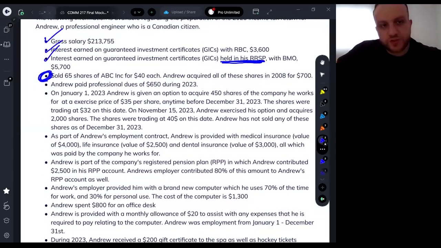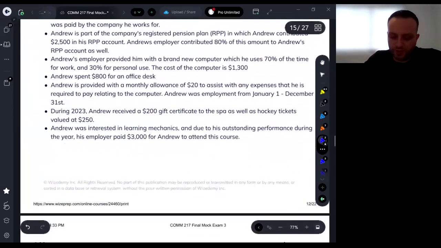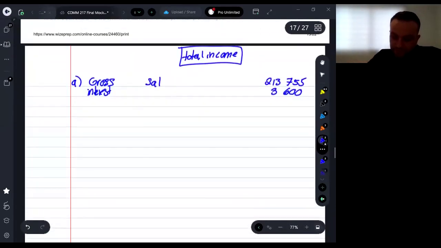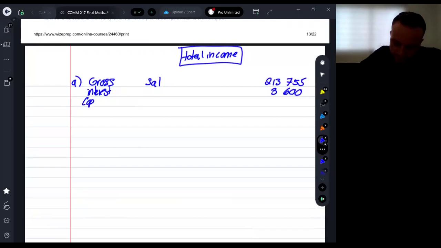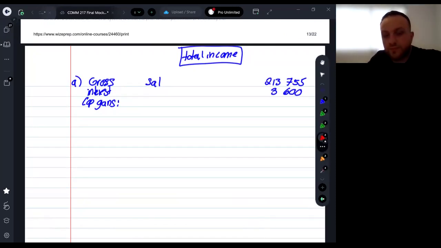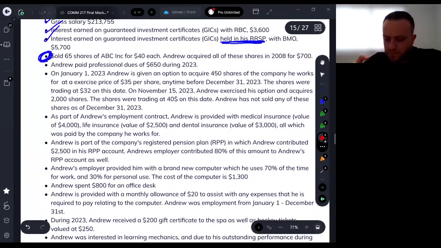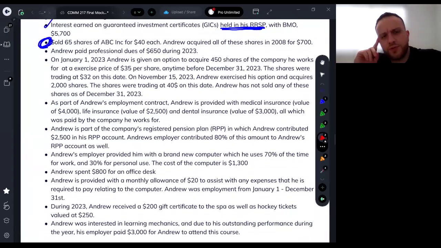In here, we sold 65 shares of ABC Inc. at $40 each. Andrew acquired all of the shares in 2008 for $700. Okay. So we're gonna have capital gains. Question. Yeah, in the total income, do you just put everything at face value and then deal with the taxes in the deductible? I'm sorry, can you repeat your question?